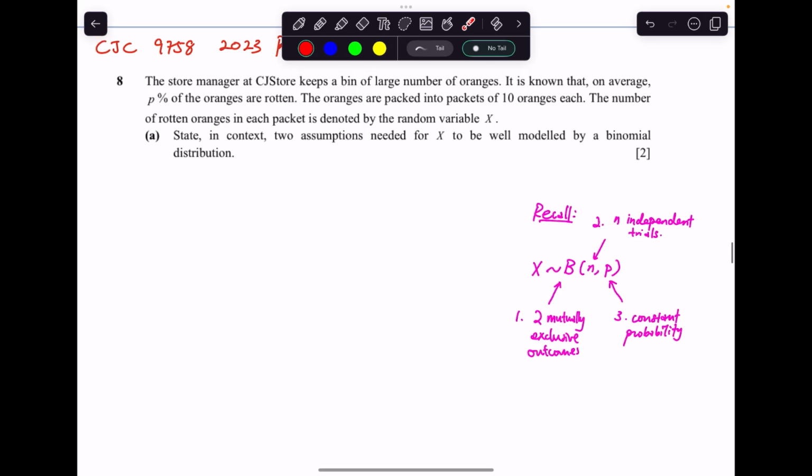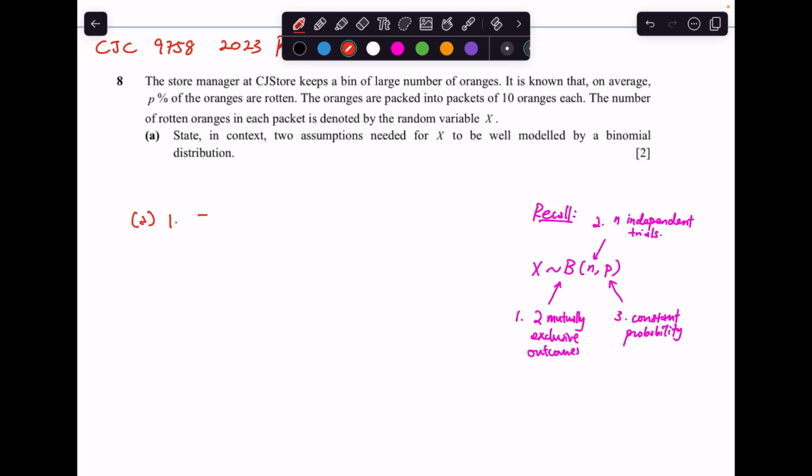In this question, let's make two assumptions, and let's say the first one, we are going to talk about the independent trials. That's typically the one that I think is easiest to write about. Okay, so first one, we want to talk about the independent trials, but we want to fit it into context and be a bit more specific about what we mean by n independent trials.